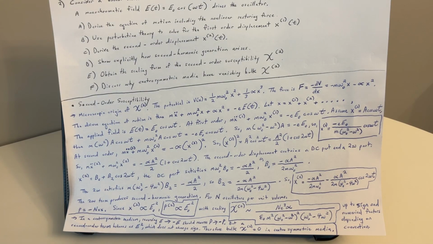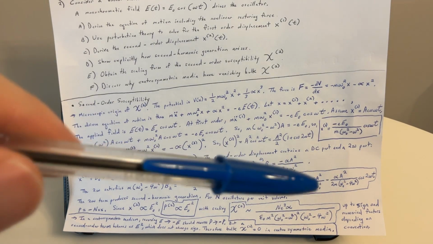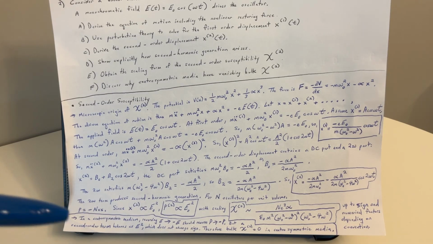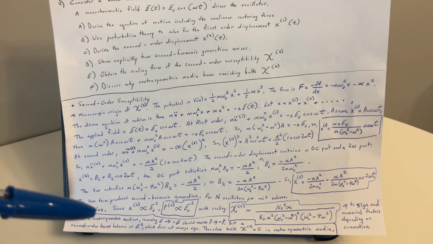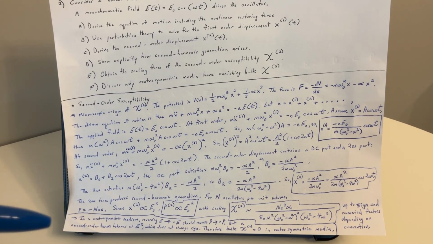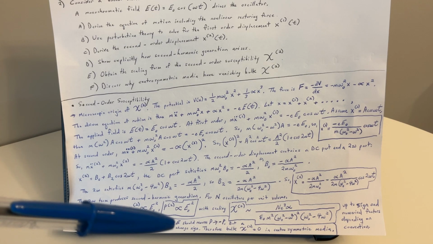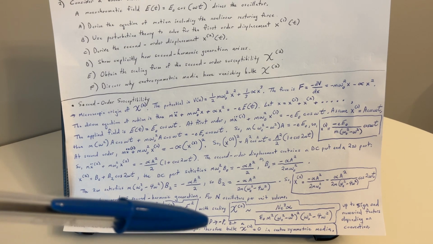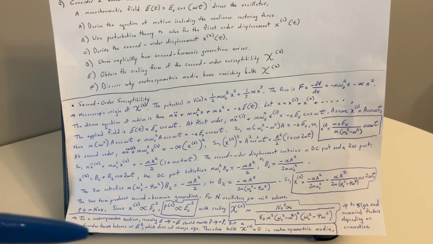Okay. And here, last component, in a centrosymmetric medium, reversing E to negative E should reverse P to negative P, but a second order term behaves as E squared, which does not change sign.